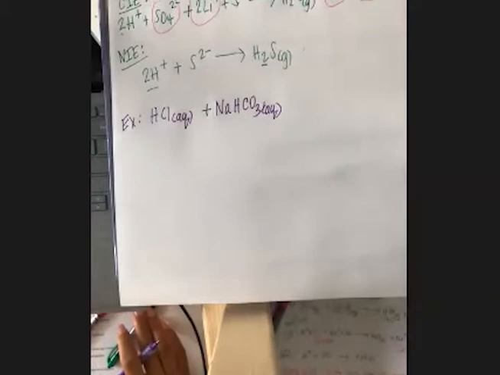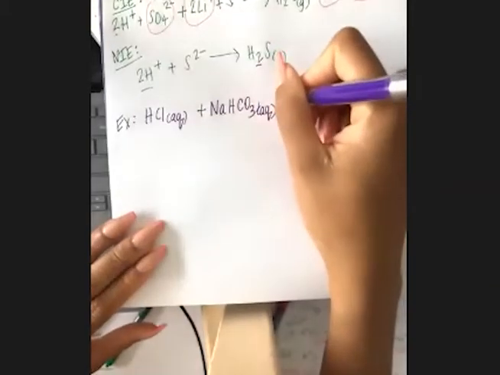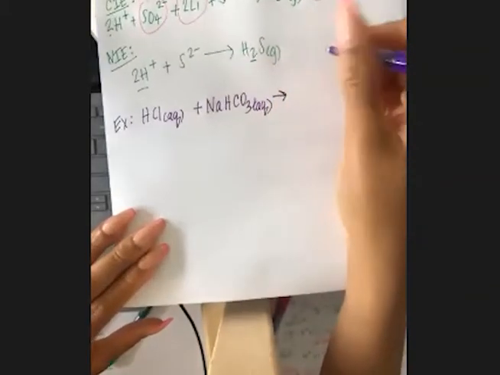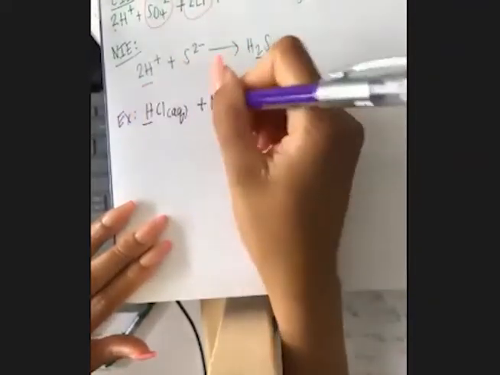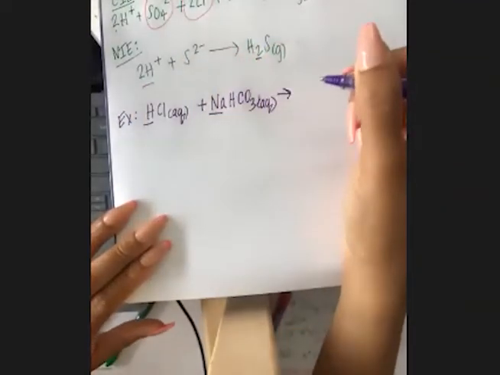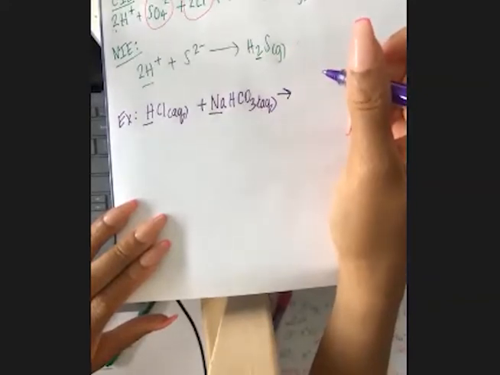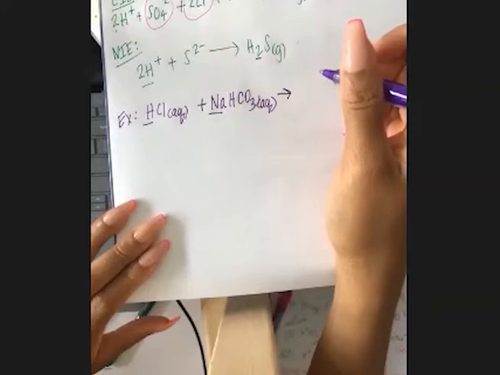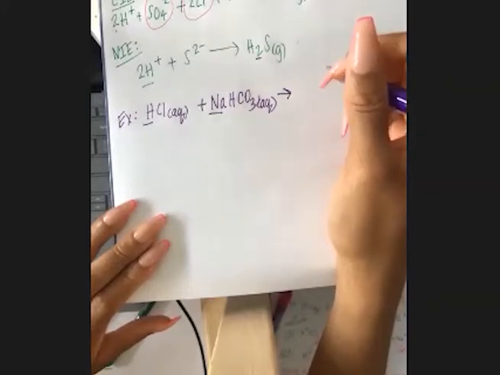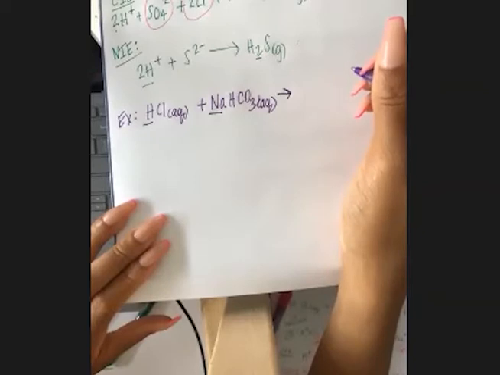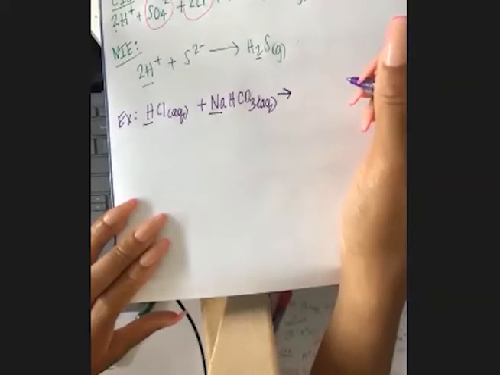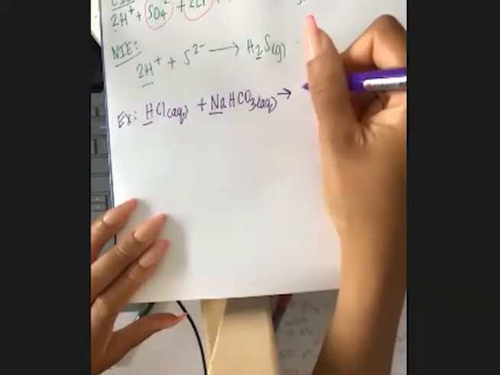So when we go to form our products, remember the hydrogen and the sodium are going to switch places. What do you guys think our product is going to be? H2CO3.